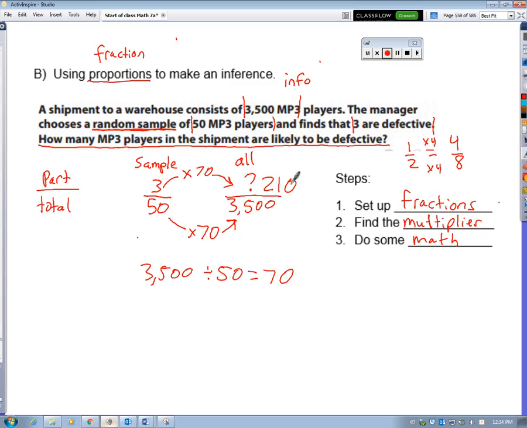So there's my equivalent fraction. 3 over 50 is the same as 210 over 3,500 when we multiply this fraction by 70. So this is the number of MP3 players that are likely to be defective. We don't know for sure, but we're just making an inference, making a guess based on what we know.